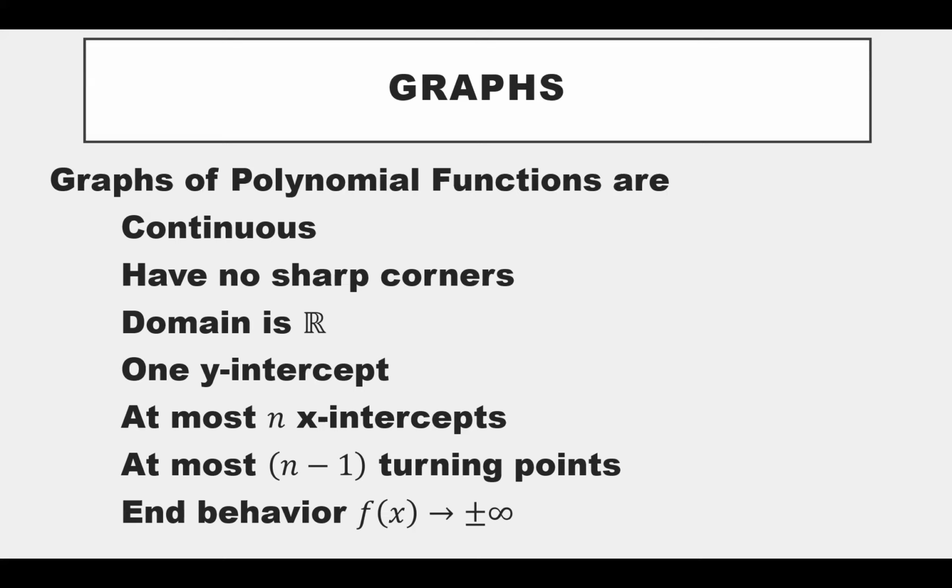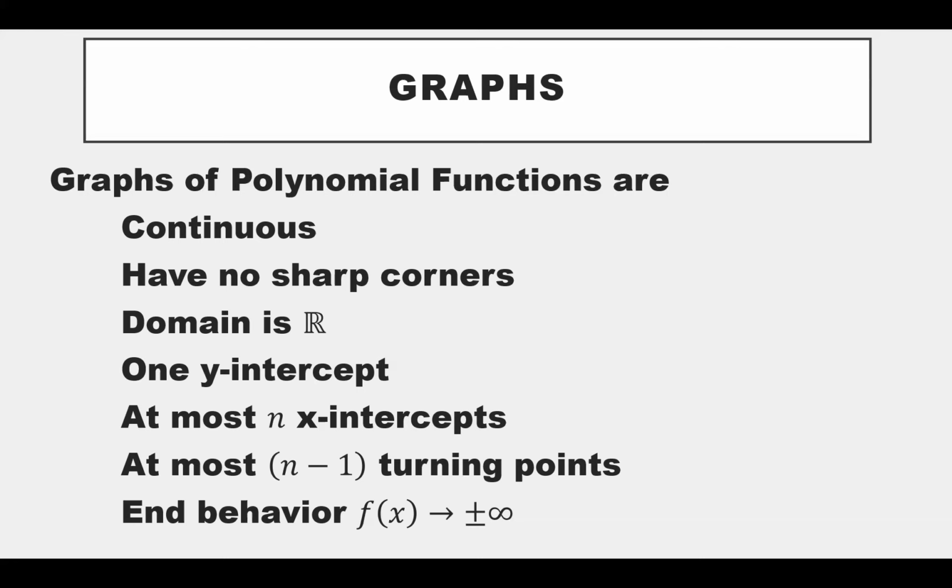And we saw earlier that the end behavior of a polynomial function is that as the x value goes to infinity, the corresponding y value will either go to positive or negative infinity. The same is true as x gets smaller.